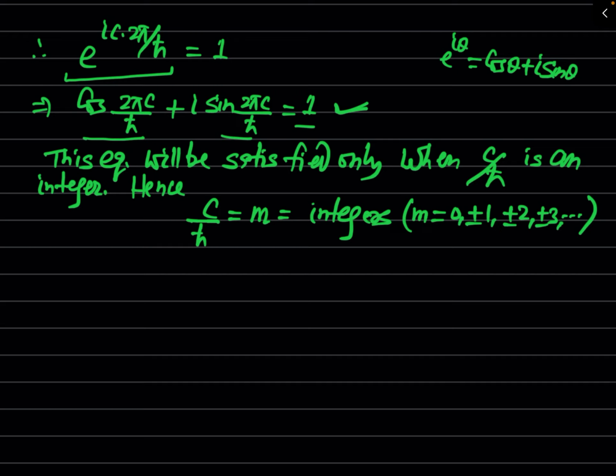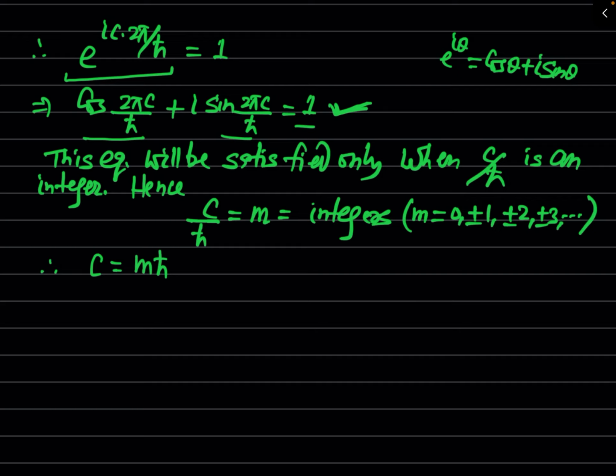So when we consider c over h bar equal to m, where m is an integer like 0, plus minus 1, plus minus 2, plus minus 3, then this equation will be satisfied. On this basis, c over h bar is equal to m, where m is an integer, and therefore c is equal to m h bar.